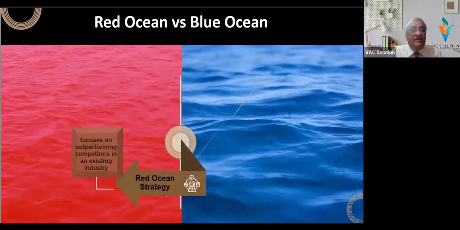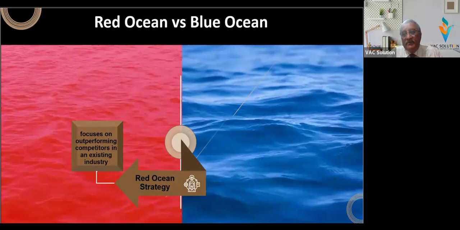Red Ocean strategy is all about outperforming competitors in an existing industry. Today we have a number of entrepreneurs here, we have consultants, and we have senior managers. For an entrepreneur, the focus is on how to take a share of my competitor's market while preventing my share from going to him.